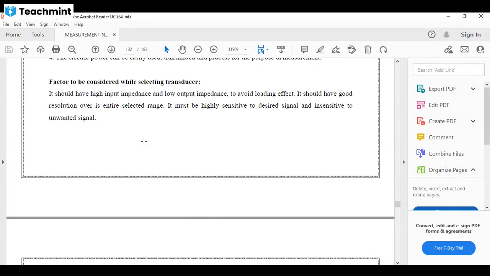So while selecting any transducer, we have to pay some attention to this. The selected transducer should have high input impedance and low output impedance to avoid the loading effect, and it should have good resolution over the entire selected range, and it must be highly sensitive to the desired signal and insensitive to unwanted signals.